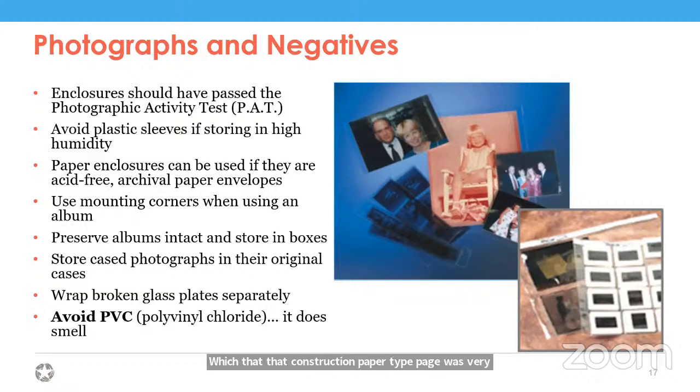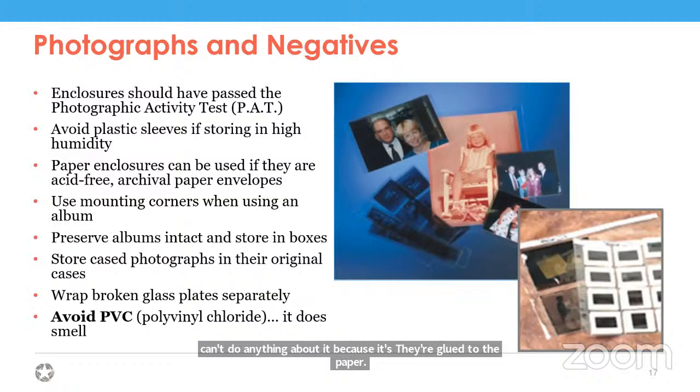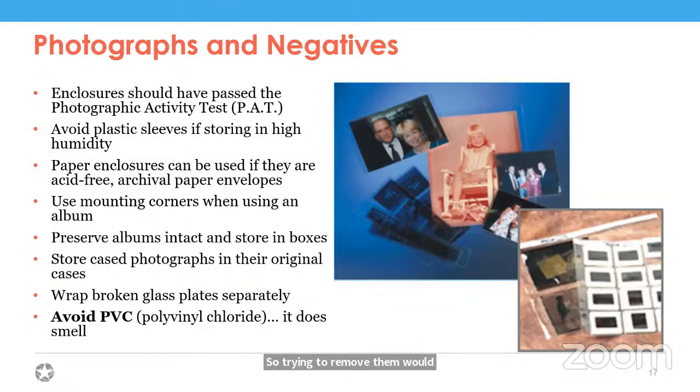And so it may make the back of the photos start turning yellow or brown from the acid in the paper. But you can't do anything about it because they're glued to the paper. So trying to remove them would do irreparable damage to the photo and or the page or both. So you probably want to try to keep them intact.